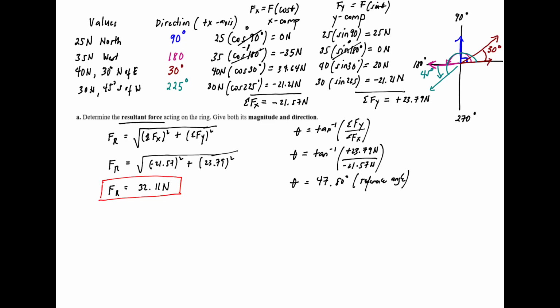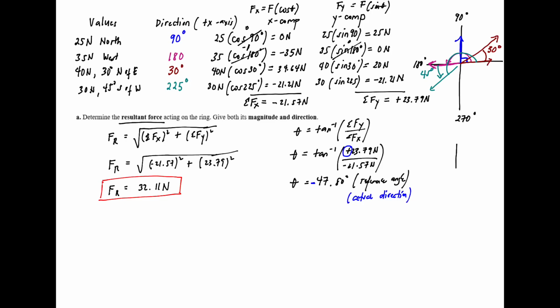Now, how about the actual direction? Notice that the value of the y is positive and this one is negative 21.57.